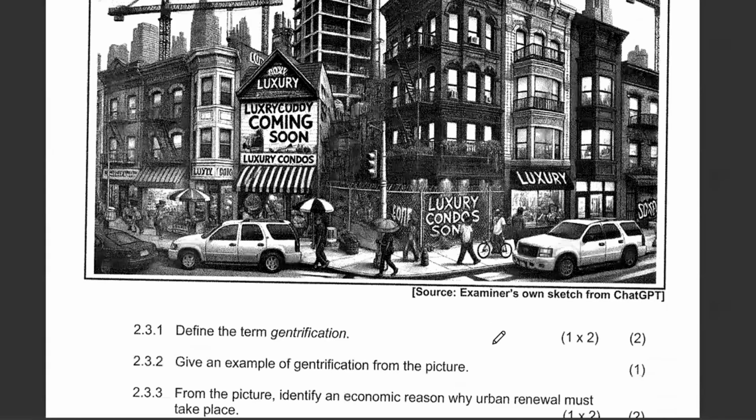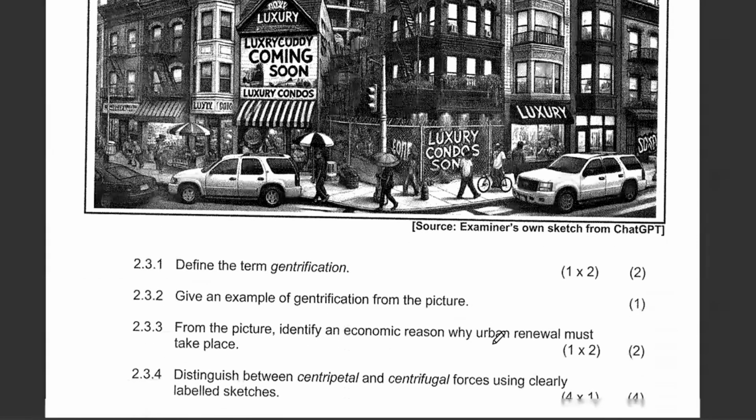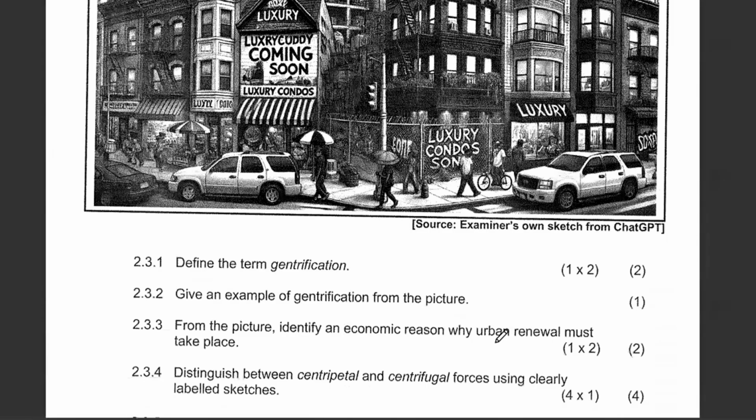Right, moving on to the next question. Define the term gentrification.